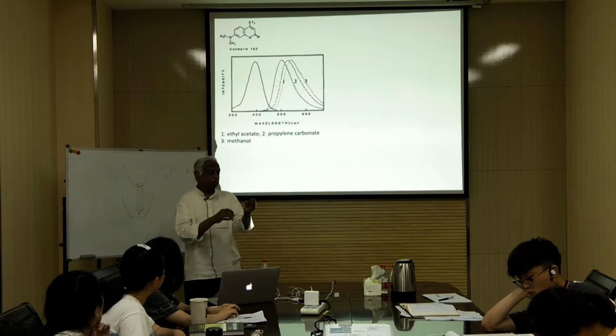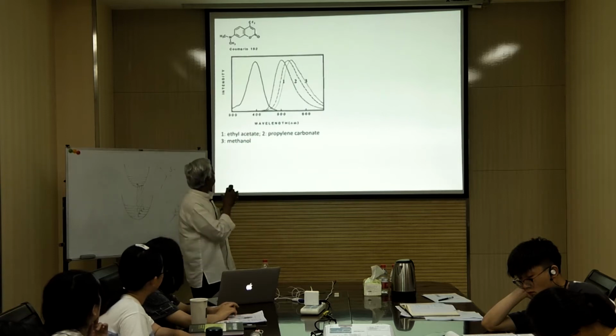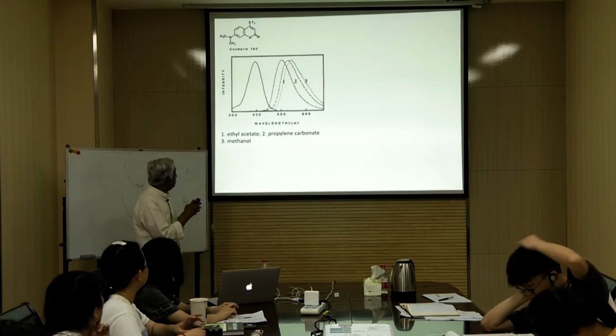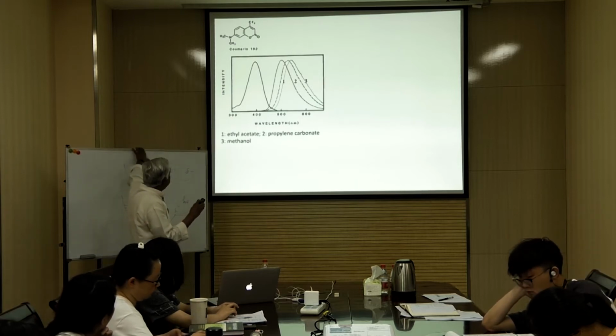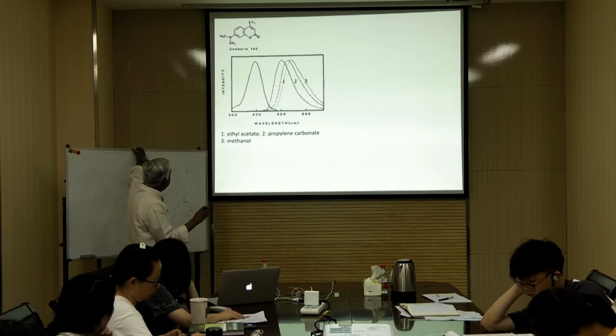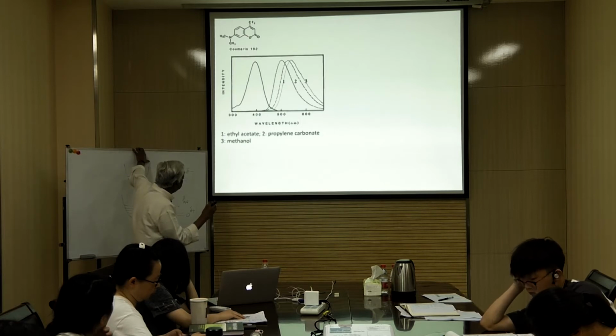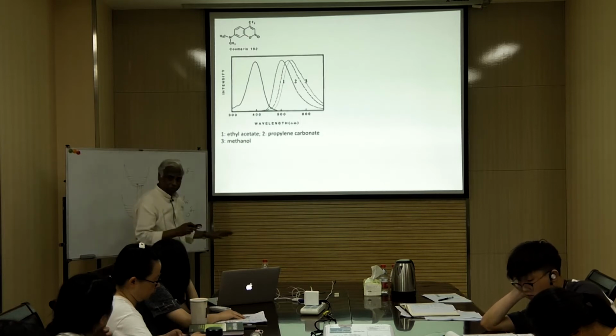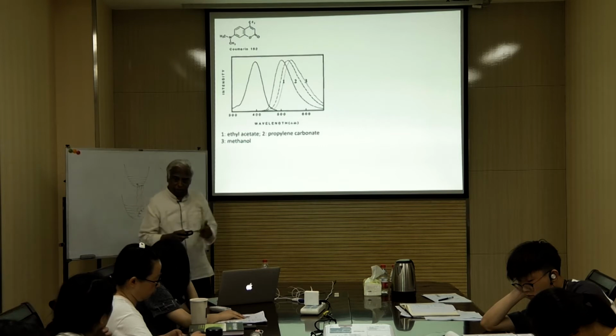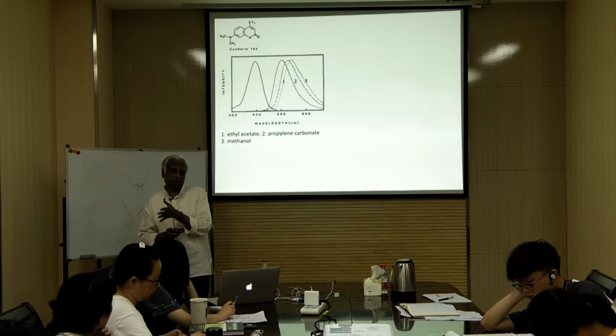So if we excite this molecule in solution, 1, 2 and 3, for example number 1 is ethyl acetate, number 2 is propylene carbonate, number 3 is methanol, the maxima are different.